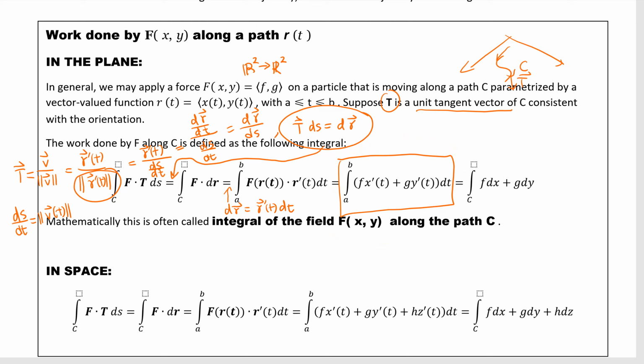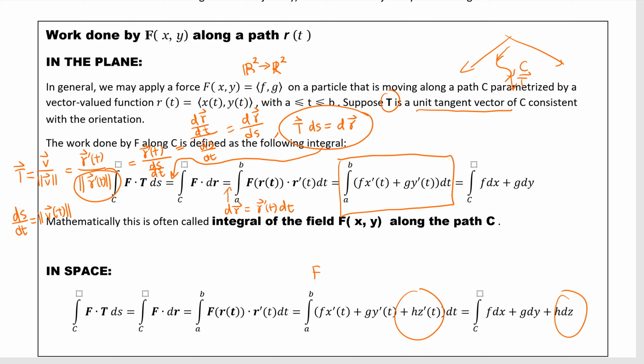Okay, let's continue. So mathematically, this is often called the integral of the field along the path C. And in space, we have similar things, except now we have one more variable.